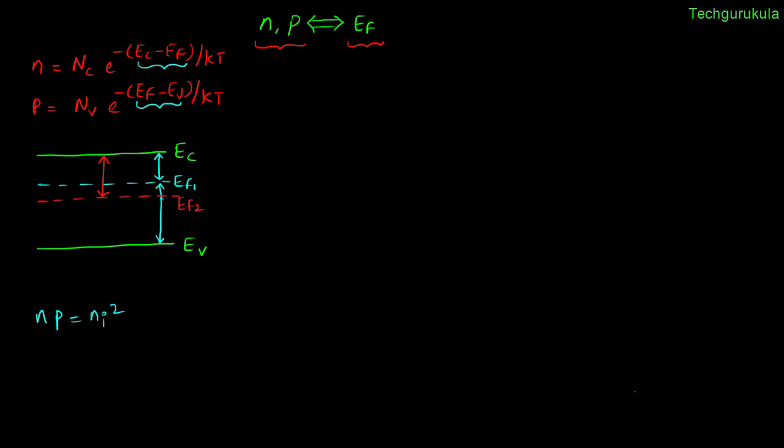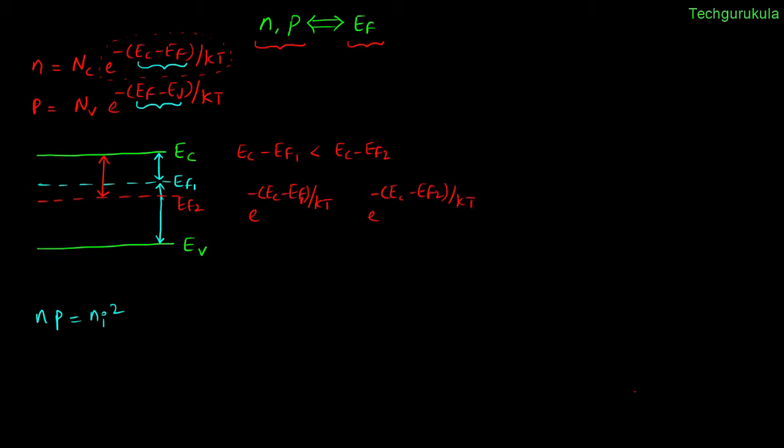So what happens is this expression, the exponential here, would be smaller for the second case compared to the first case. Let me write it here. Ec minus EF1 would be smaller compared to Ec minus EF2. So we can say the exponential e power minus of Ec minus EF1 over kT would be greater than e power minus of Ec minus EF2 over kT.